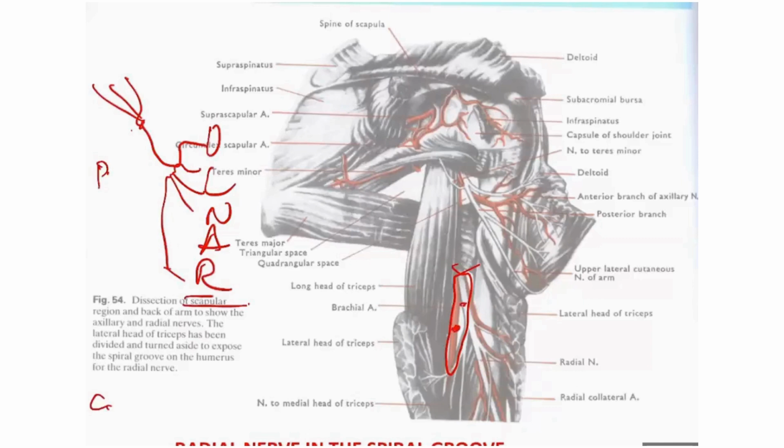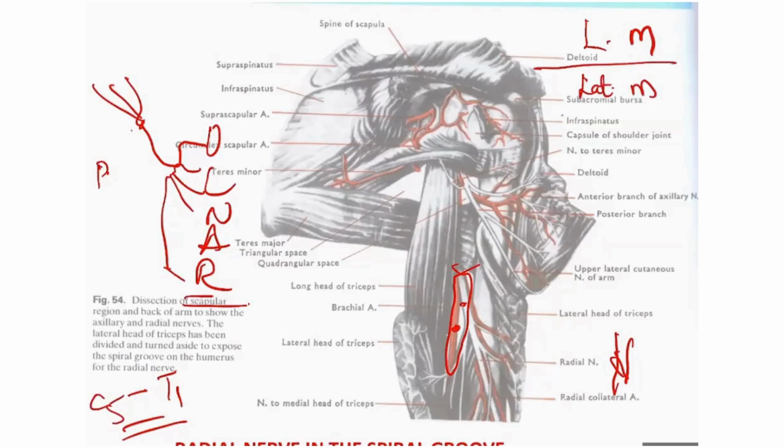So you get C5 to T1 from all parts of the brachial plexus. What is clinically important is the spiral groove on the posterior surface of the humerus. How many heads for triceps? Tri is 3: long head, lateral head and medial head.